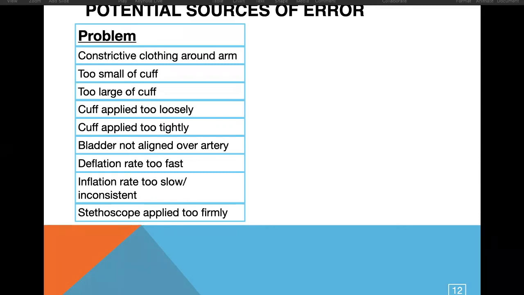If we deflate the cuff too fast, so that needle comes down too quickly, or it's too slow, so it stalls out maybe. Or if we apply that stethoscope too firmly, we're pushing it into the skin. How do these things affect our measurements?